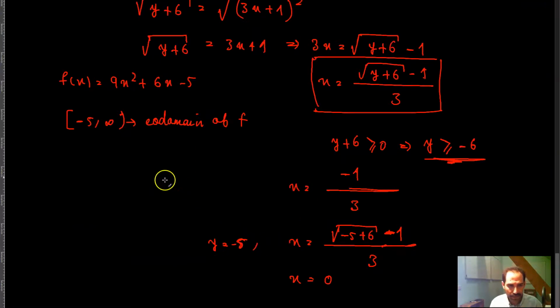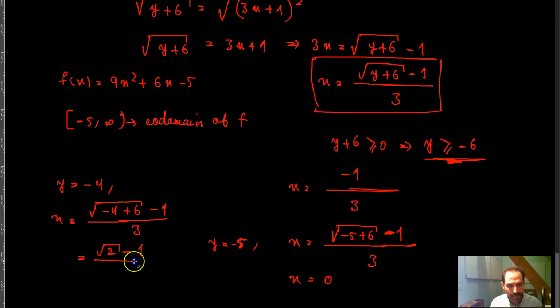And as I make my y's greater, meaning that, for example, suppose that I go for y equal to negative 4, then x is going to be equal to the square root of negative 4 plus 6, minus 1, divided by 3, which is equal to the square root of 2 minus 1 over 3, which is something above 0, right?